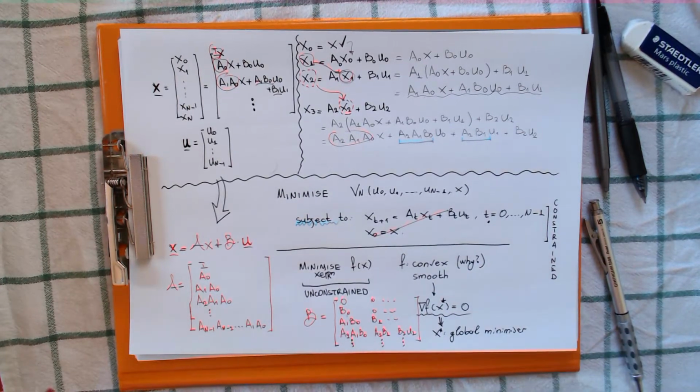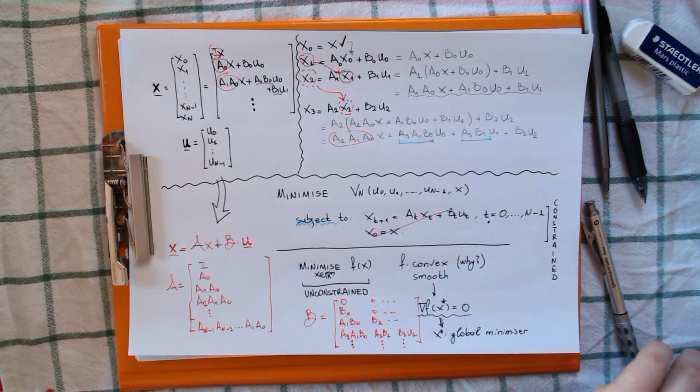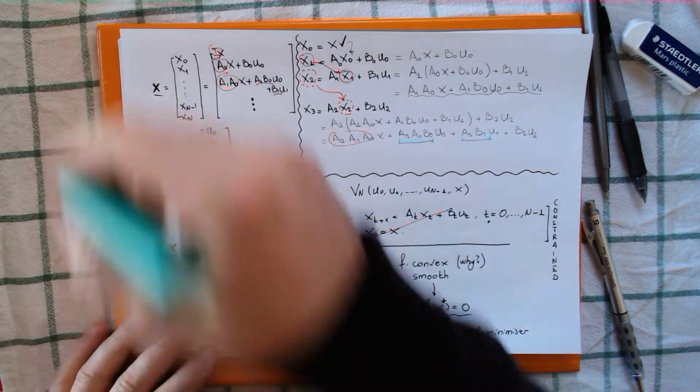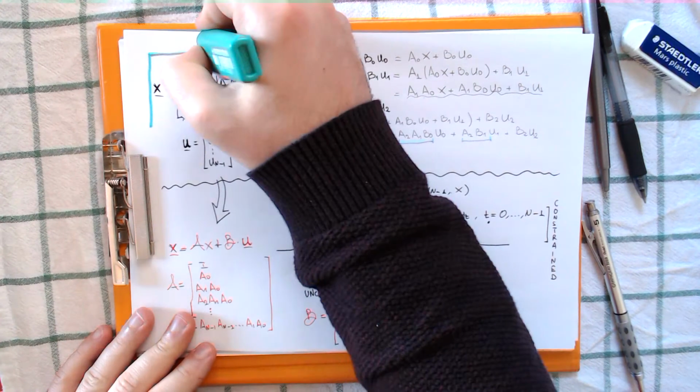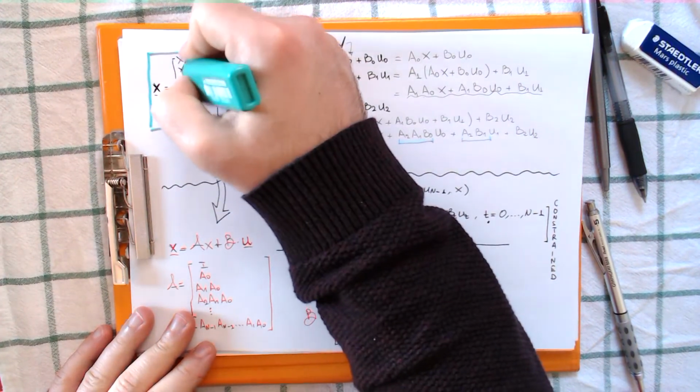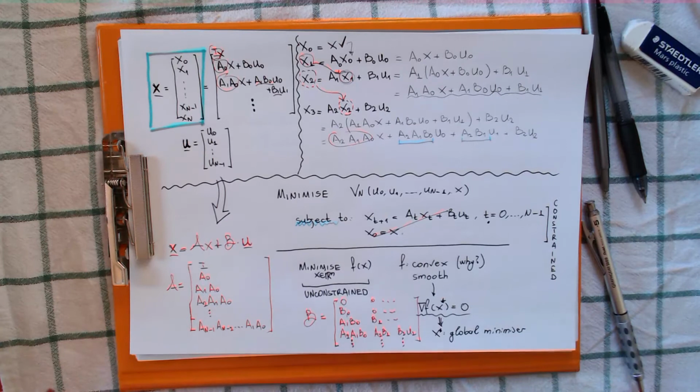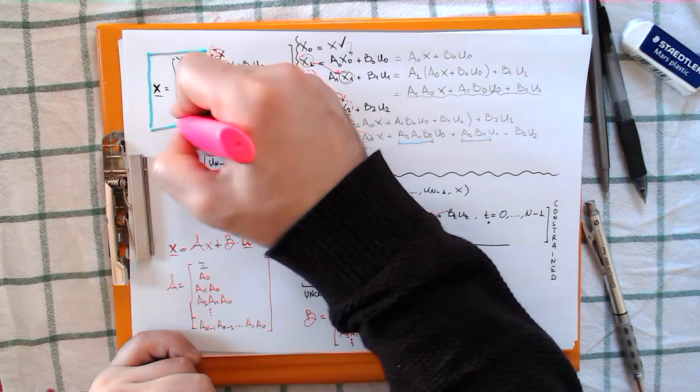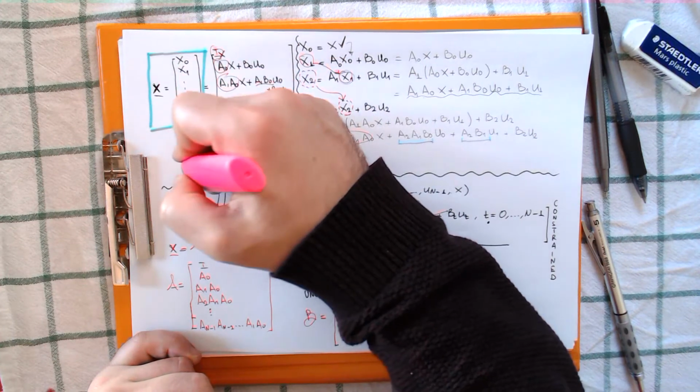So I'm saying this again. The sequence of all states, x0, x1 down to xn, depends on the initial state x and the sequence of all control actions.